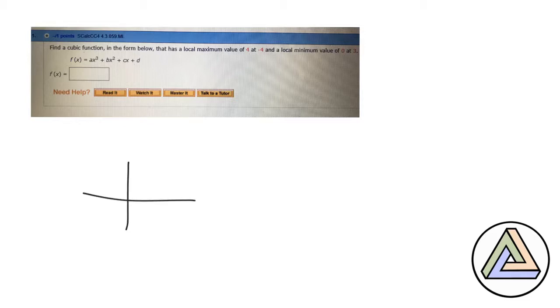Like if you were to try to graph this scenario, we have a maximum value of 4 at -4. So that would be a maximum value, right around here. And according to them, they have a minimum value of 0 at 3, which would be right there.